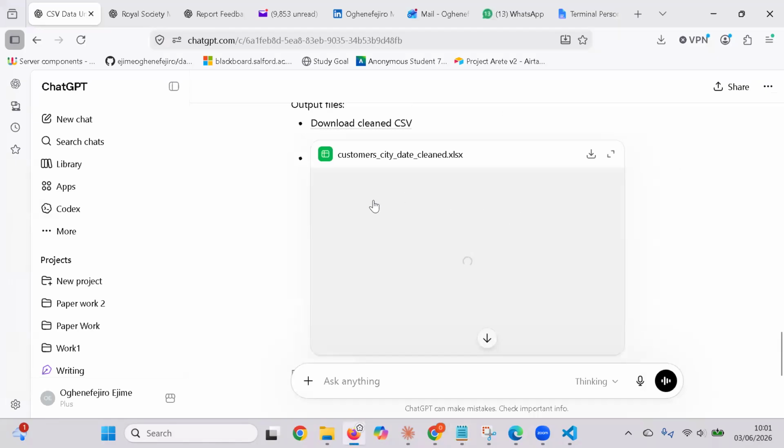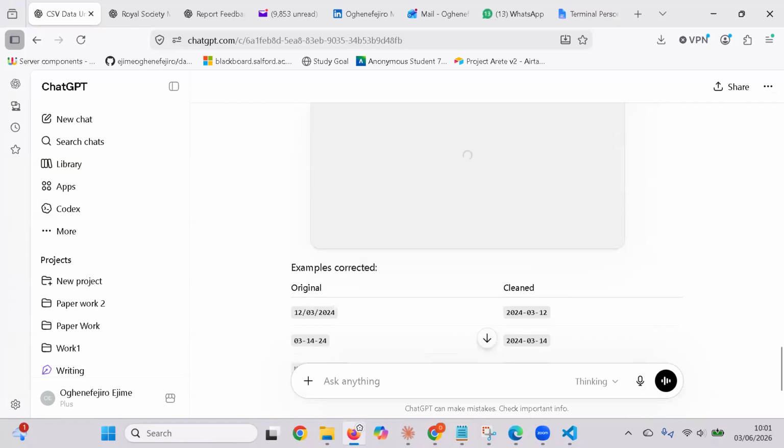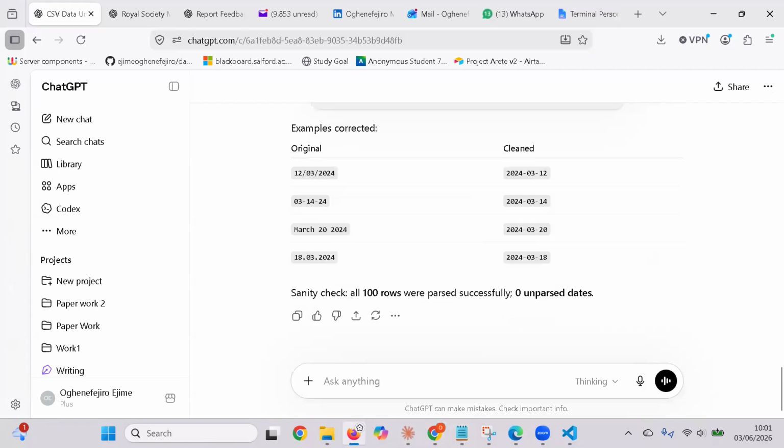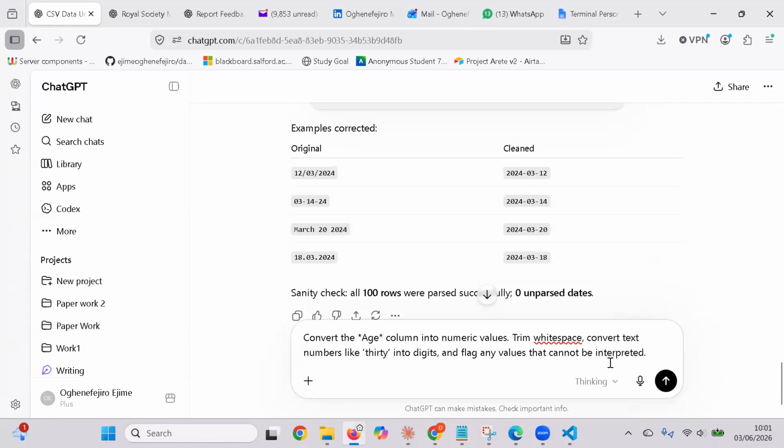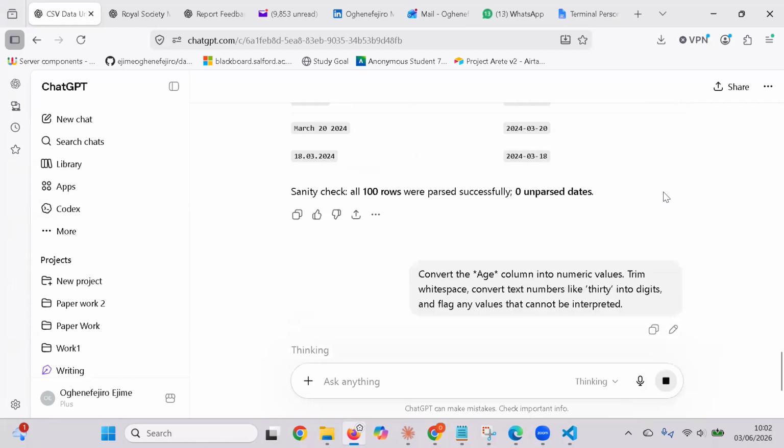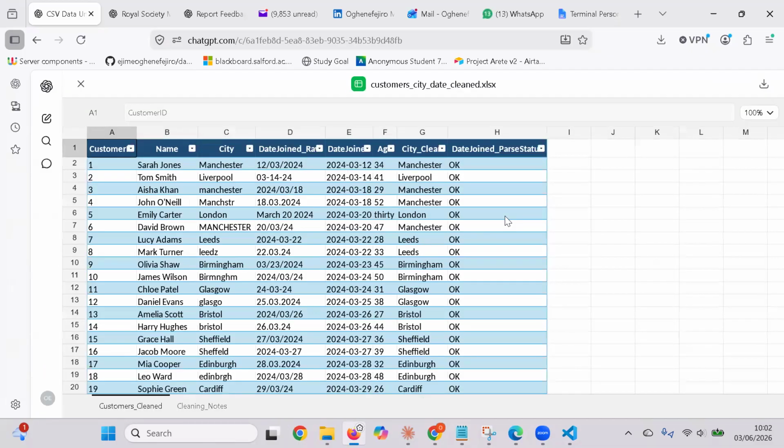Okay, it has done it. Yes, so we'll look at that. Let me paste this. This is what it is actually doing. We're looking at this. Yeah, look at this.